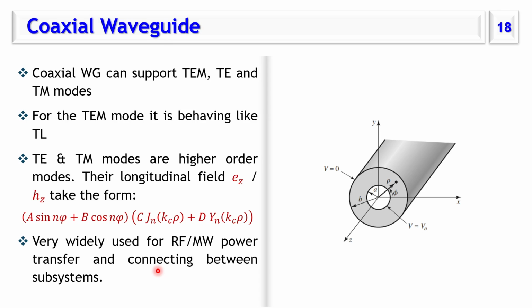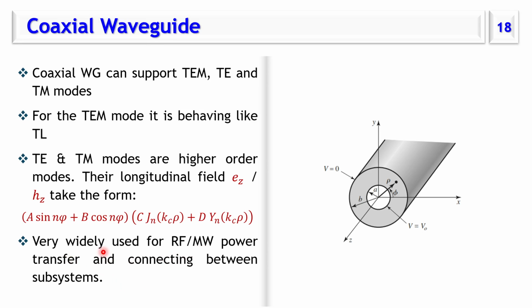So the dominant mode for the coaxial cable is the transverse electromagnetic. Again, because it's circular, it has Bessel functions of the first type and second type. So it has different modes, as I said.